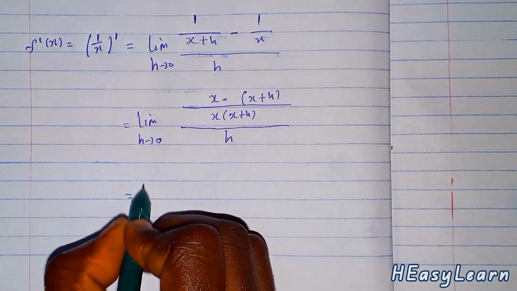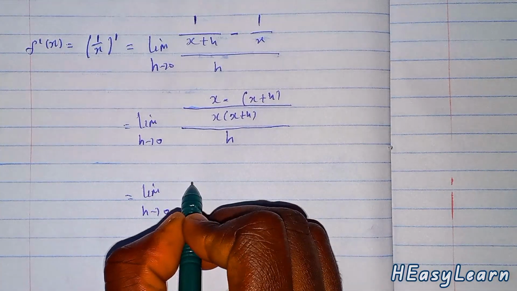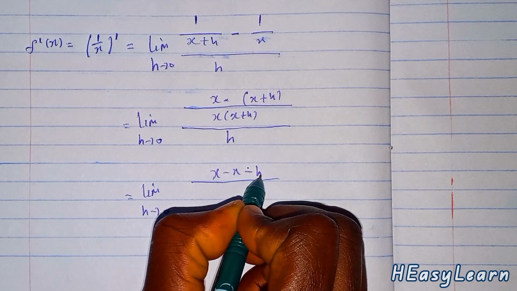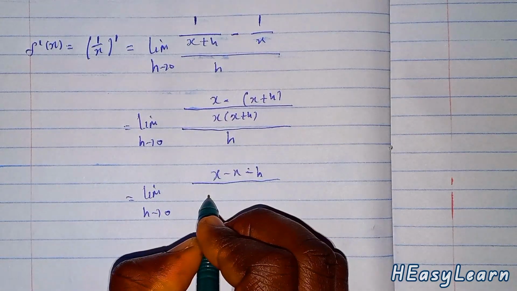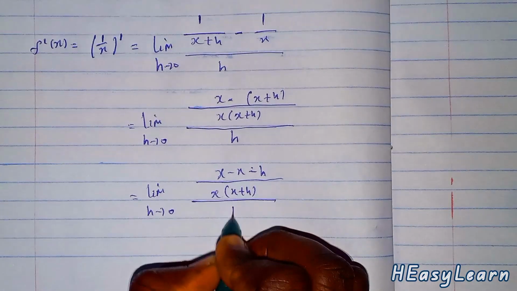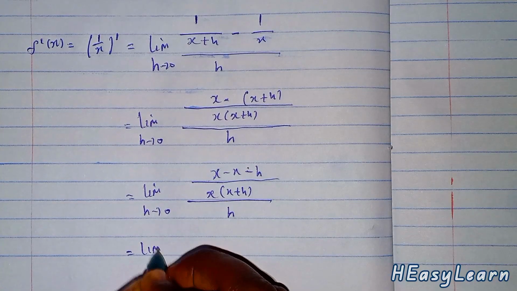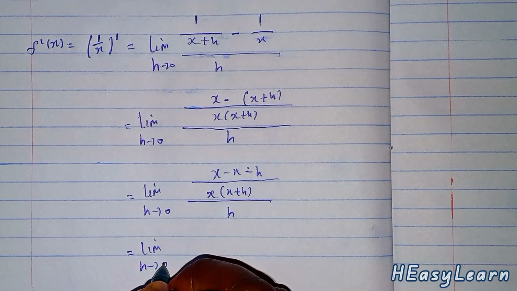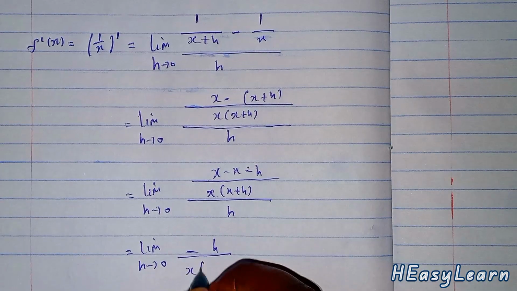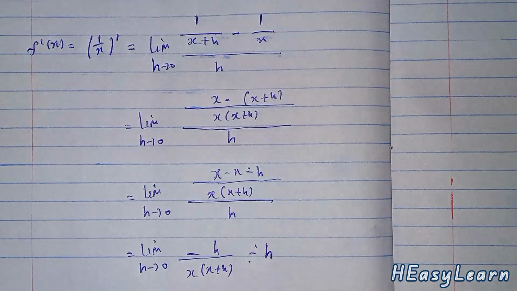This is the same thing as the limit as h approaches 0 of x minus x minus h over x times x plus h, over h. Minus x will cancel. This is the limit as h approaches 0 of minus h over x plus h, divided by h.